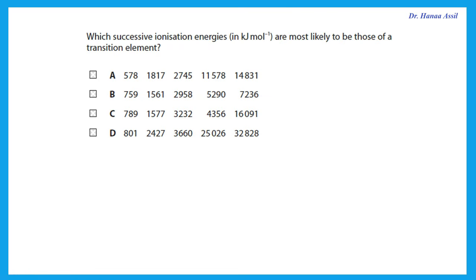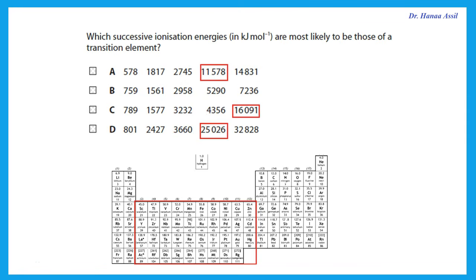Remember, we use successive ionization energies to determine if an element is in group 1 or group 2 or group 3. For example, if we look at these choices, we said if we look at A, there is a huge jump after the third ionization energy. That means that's something in group 3. If I have a huge jump after the fourth ionization energy, that is in group 4.